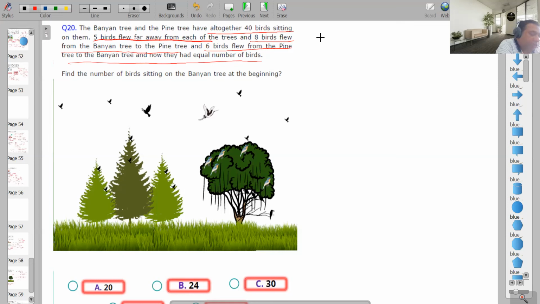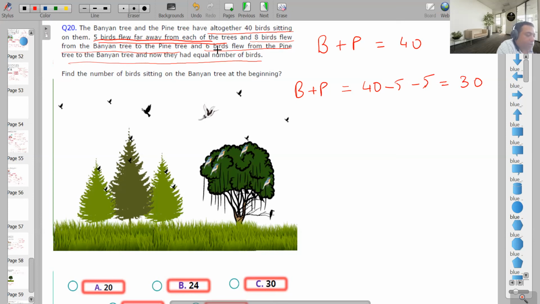So let's understand first that the banyan tree plus the pine tree initially were 40. Later on, after 5 birds flew away from each of the trees, they became 40 minus 5 minus 5, because both the trees had a loss of 5 birds each. So they had 30 birds.